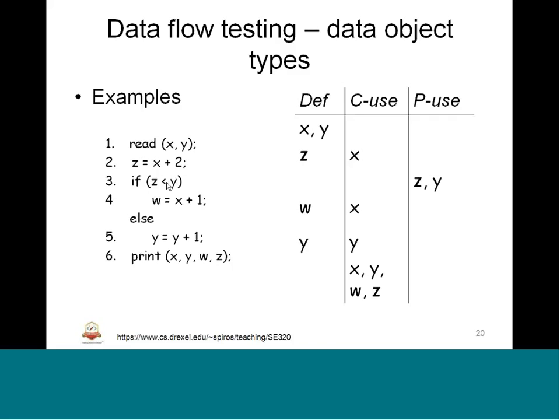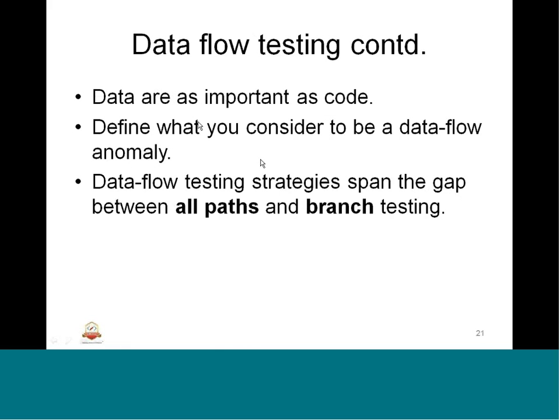So all these variables, data object types, need to be verified in data flow testing. Data are as important as code, because having the implementation along with the data is as important to flow the program.